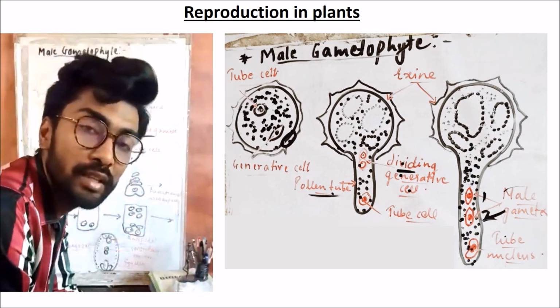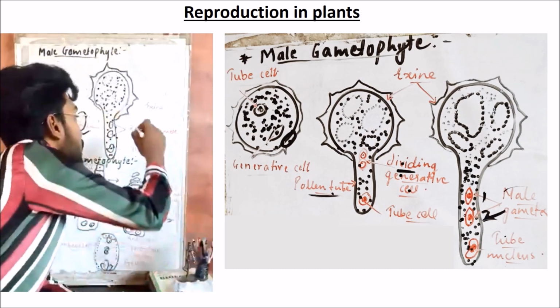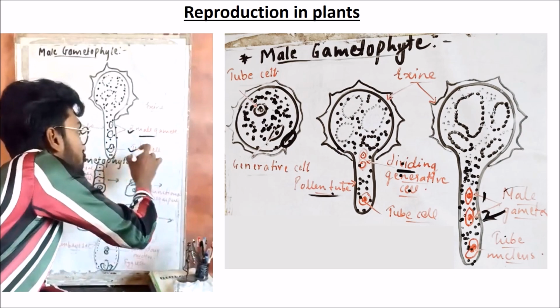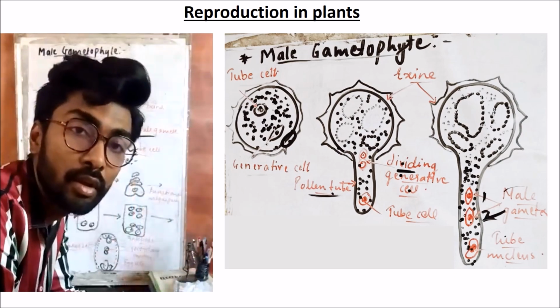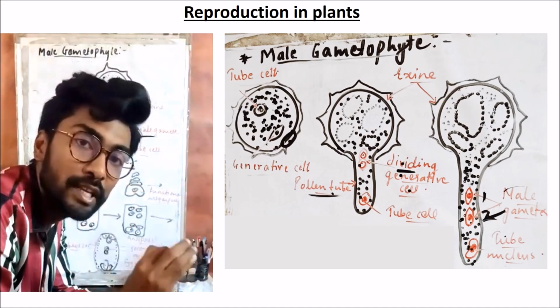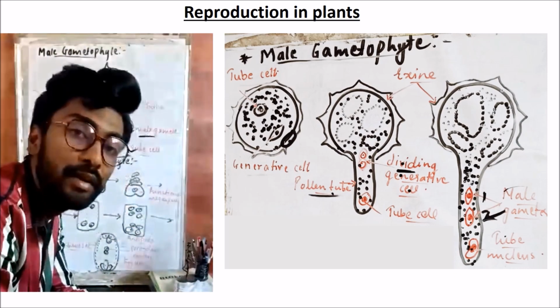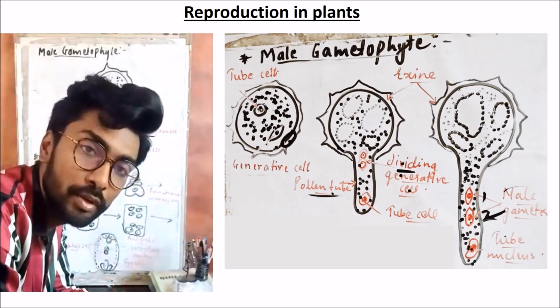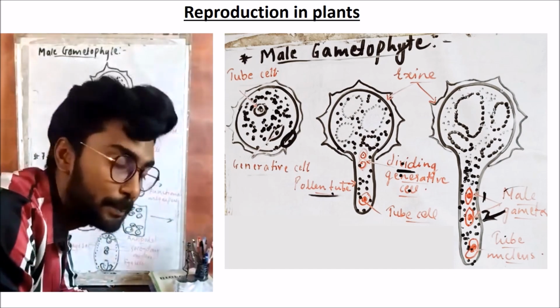So I can now say that the pollen tube containing two male gametes and the tube cell nucleus along with the cytoplasm is called the male gametophyte. So the male gametophyte formation takes place with the help of a pollen grain.